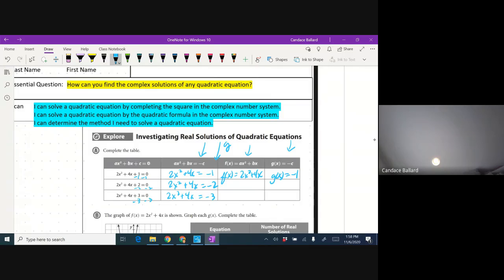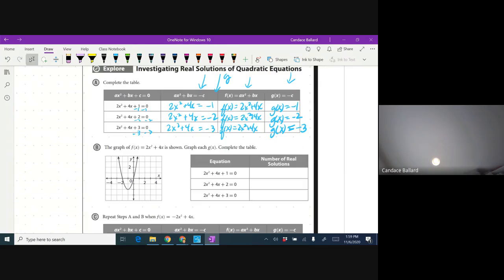Then f of x equals 2x squared plus 4x, and g of x equals -2 this time. And then f of x equals 2x squared plus 4x, and g of x equals -3. So similar process, different numbers on all of them. The purpose of the numbers is going to become clear in a few minutes.